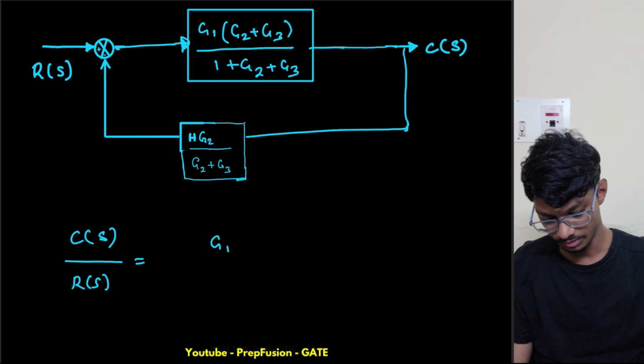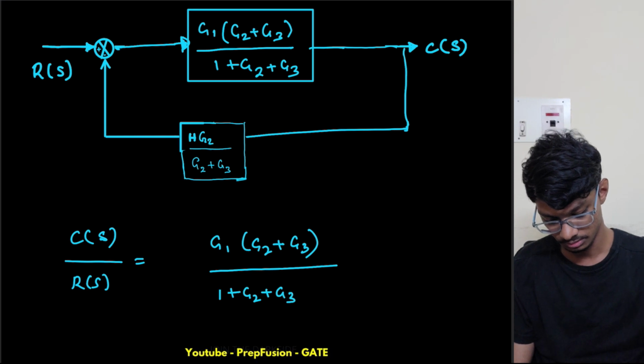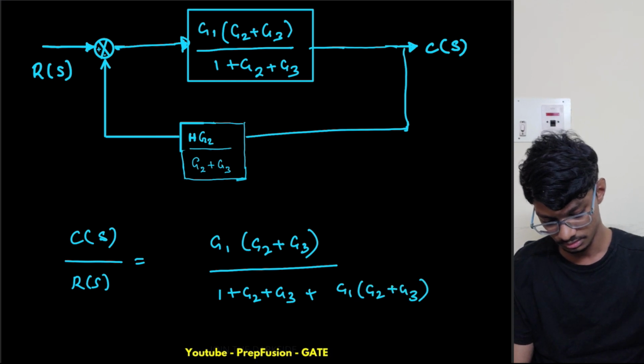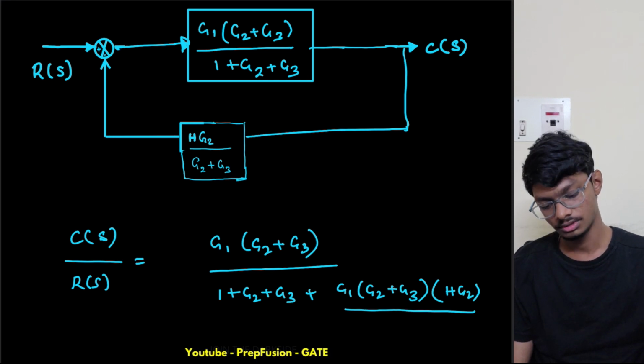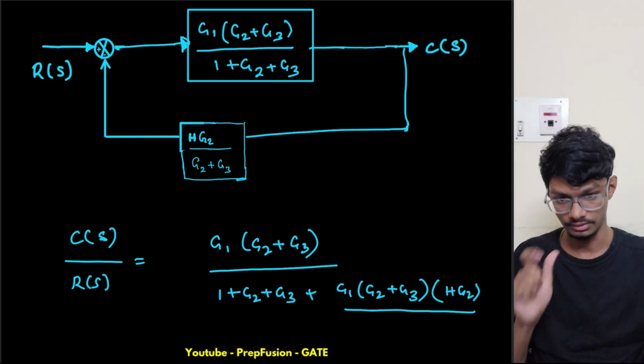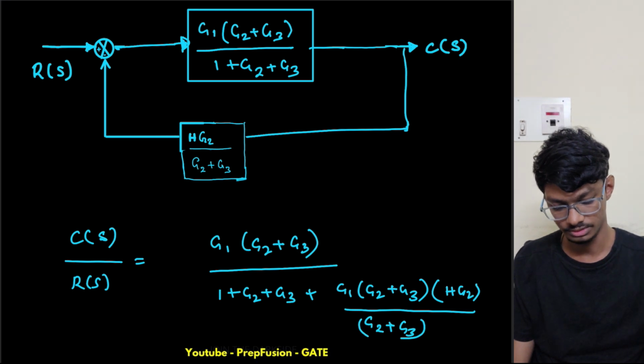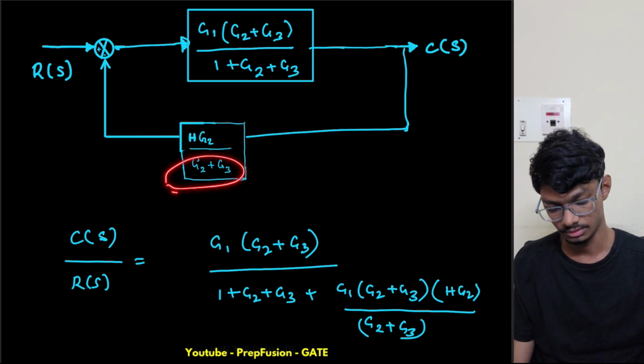I will just write the numerator G2 plus G3 into 1 plus G2 plus G3 plus G1 into G2 plus G3 into H G2 divided by, we also have G2 plus G3 here in division, right? So G2 plus G3 is also here in division, right?